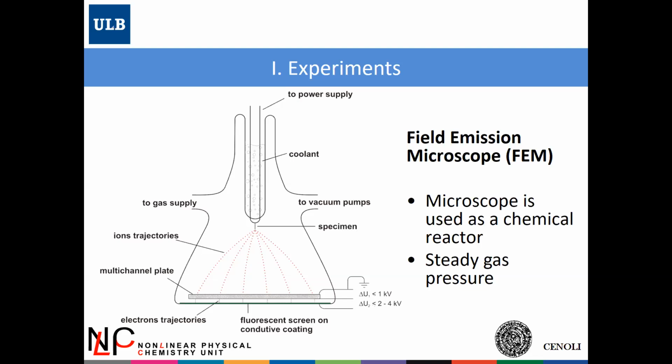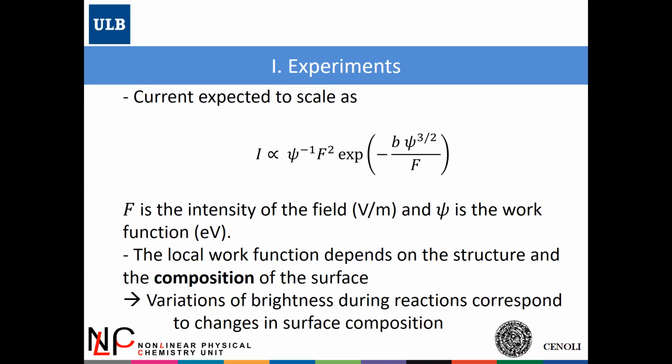Since the trajectories of these electrons are diverging, what one can collect at the level of the counter electrode is a hugely magnified map of the current distribution at the level of the sample itself. What is important to remember here is that current is collected at the level of the counter electrode. And this is very interesting because, if one agrees with this equation, which is called the Fowler-Nordheim equation, this current is directly related to the work function.